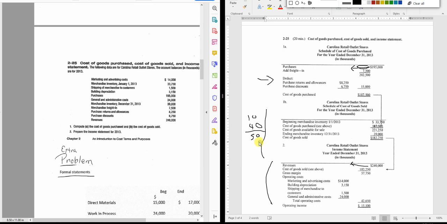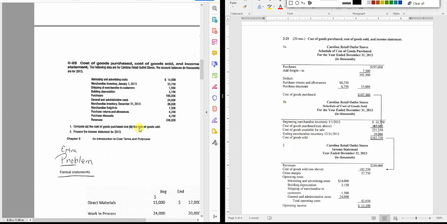And I had 5 left, so I must have used 45. Beginning inventory plus purchases equals available minus ending inventory is number used. Beginning inventory plus purchases gives me available minus what's left gives me how many is sold. So all that is backing into it.